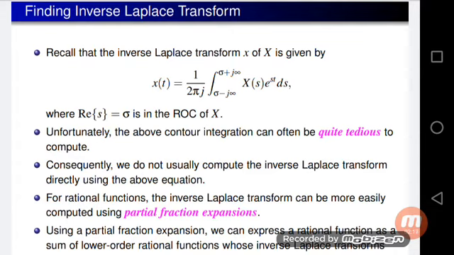Using a partial fraction expansion, we can express a rational function as a sum of lower order rational functions whose inverse Laplace transforms are known. So, in conclusion, for finding the inverse Laplace transform we use the x of t formula under different conditions.